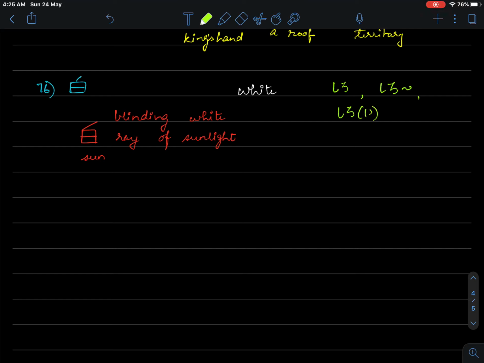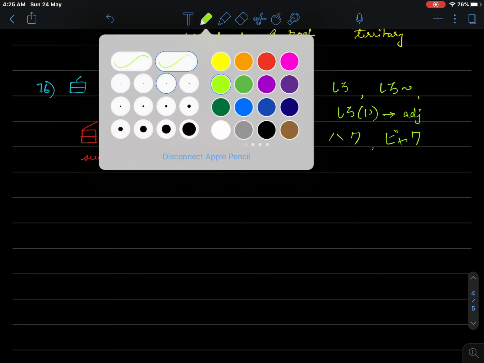Okay, and the adjective, the onyomi is haku. In case you're wondering why I said adjective, this one is an adjective. Okay, so haku and byaku.